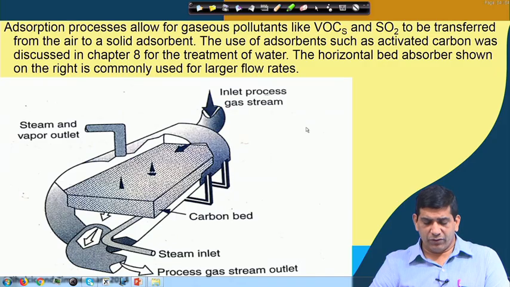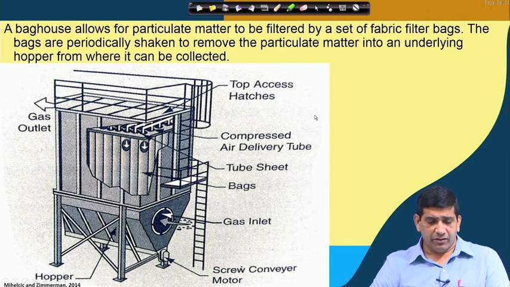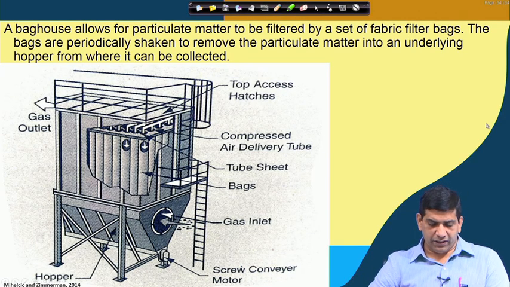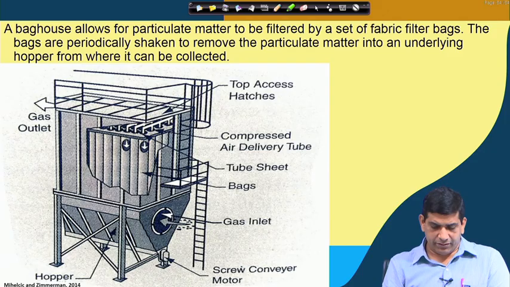Essentially, the air pollutant is getting transferred from the air phase to the solid phase. A baghouse is used in many places for particulate matter to be filtered by a set of fabric filter bags. The bags are periodically shaken to remove the particulate matter into an underlying hopper where it is collected. As you can see, the gas inlet goes in and the gas outlet is from the top.